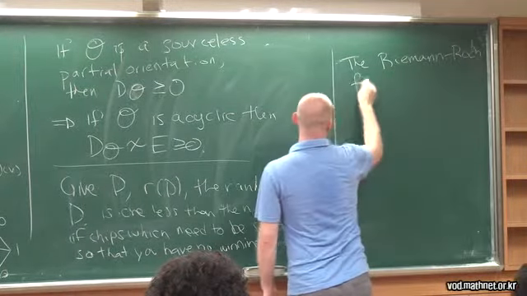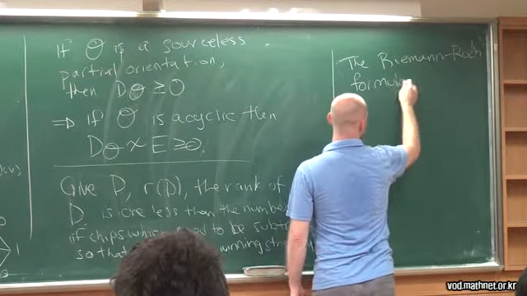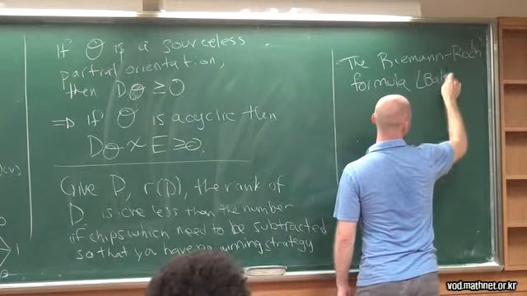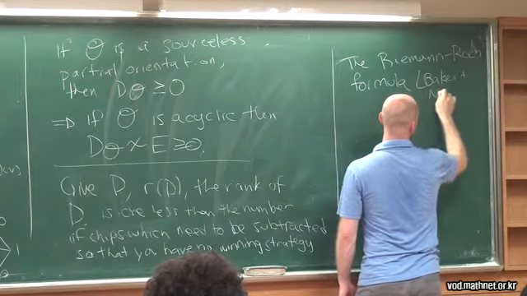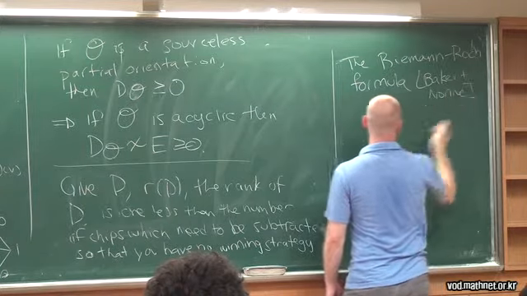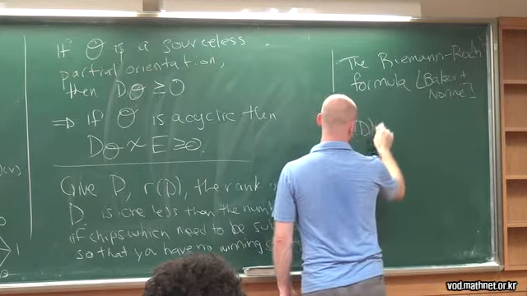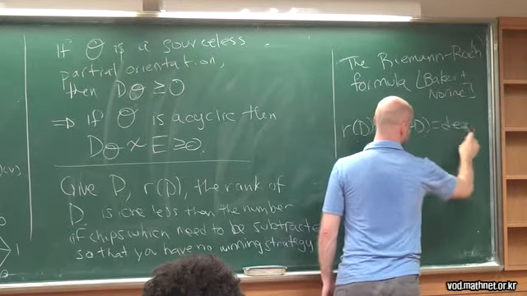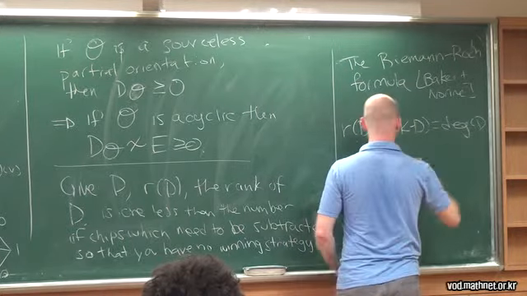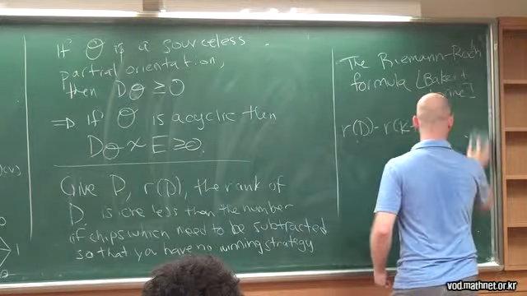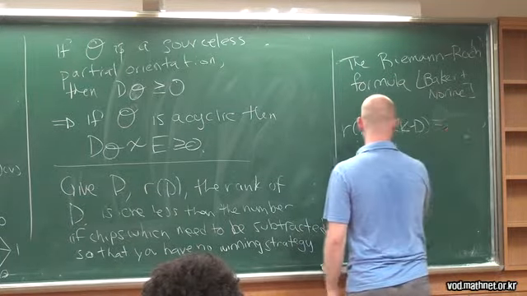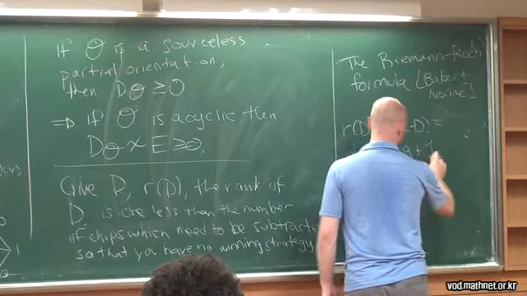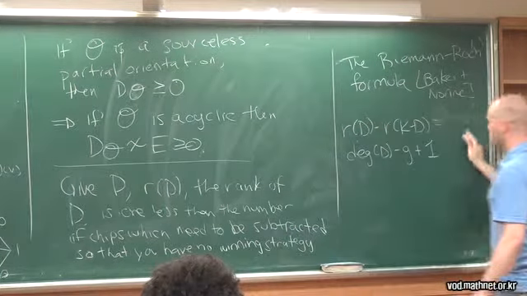So then the Riemann-Roch formula, which is due to Baker and Norine, once again. Okay.